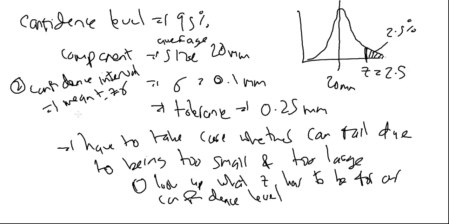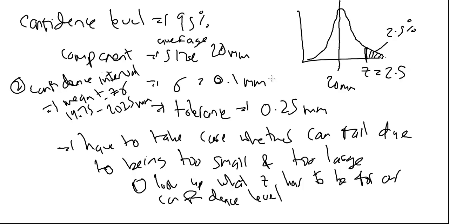So it might be something like 19.75 to 20.25 millimeters, using these numbers from the exam type question. So if the mean was 20 millimeters and the tolerance was 0.25 millimeters, then my confidence interval would be 19.75 to 20.25.